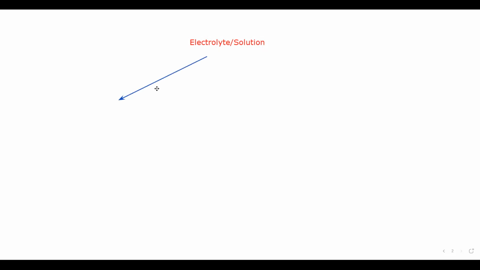We can use a molten electrolyte, or we can use an aqueous electrolyte. So there are two ways the electrolyte can be used. It can be a molten electrolyte, it can be aqueous.